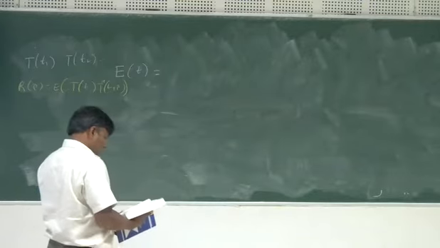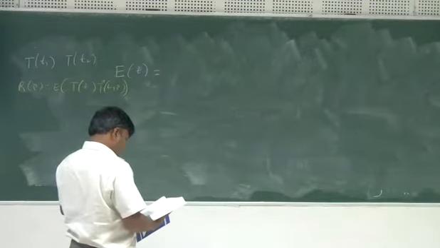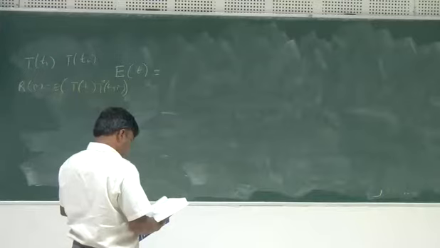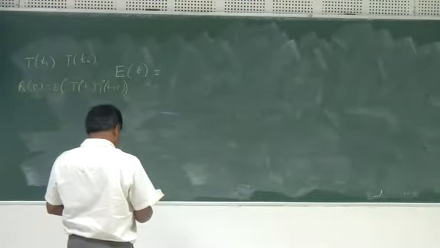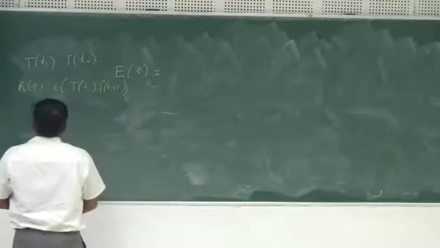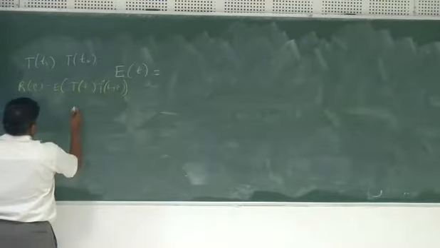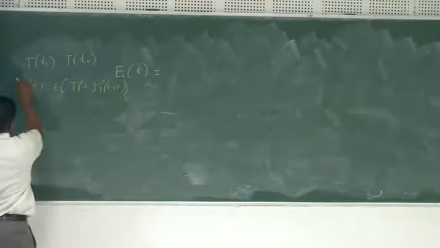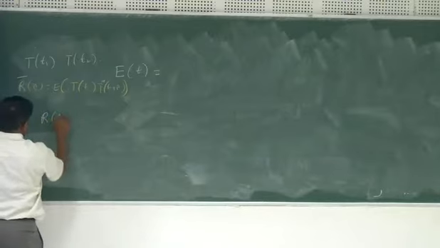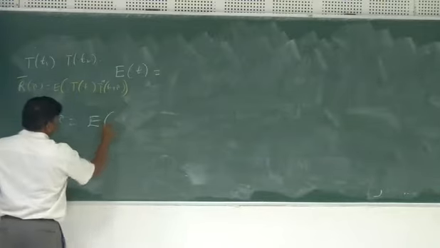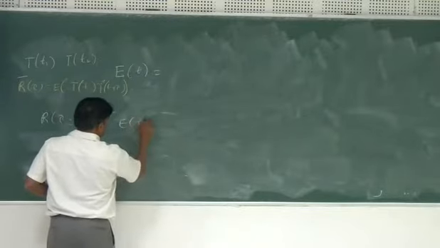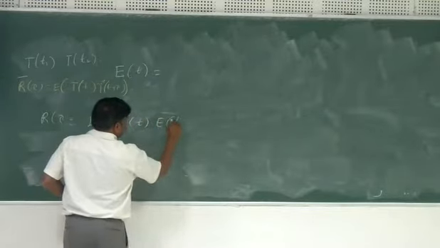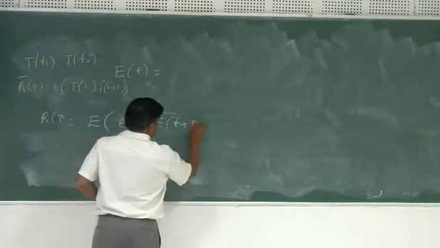So looking at the baseband correlation, we'll look at R of tau, that is the expected value of E of t, the original electric field, which is a real signal, right? E of t plus tau.